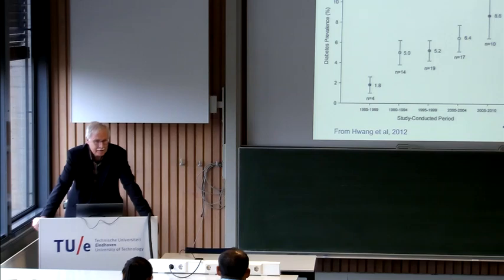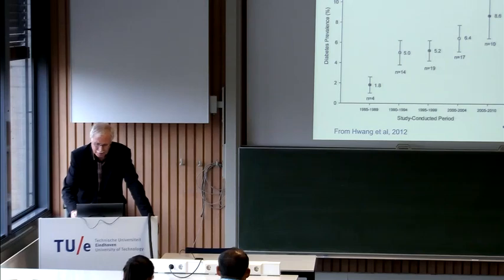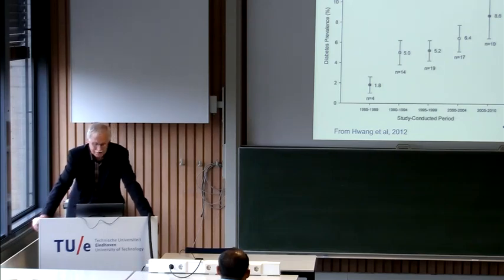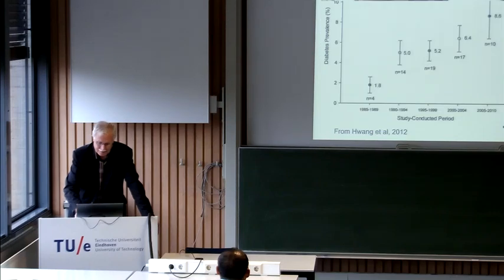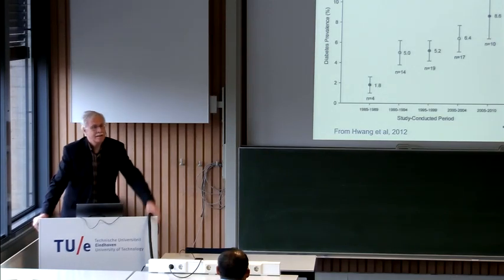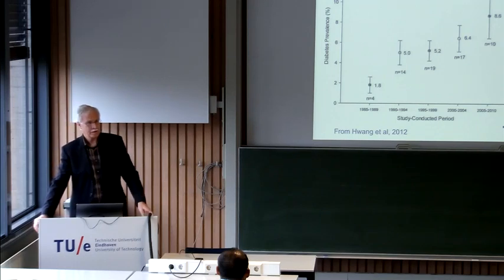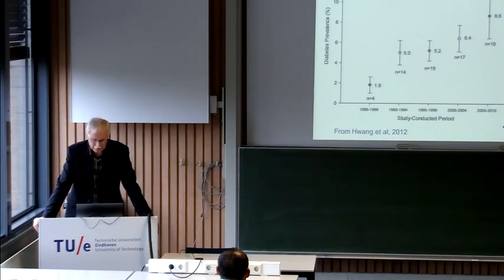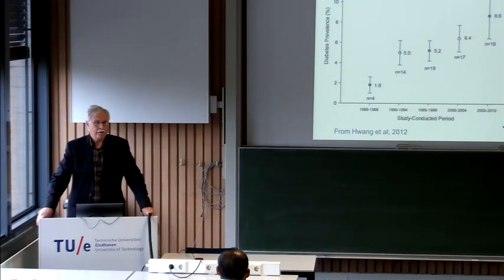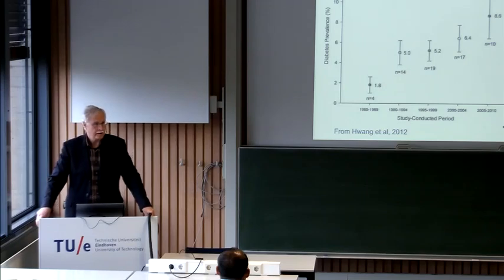In 1980, it was 0.2%, so almost nothing. And a paper in 2016 gave that it is 11.6%. And actually, this whole thing is a linear increase, and there is no sign of leveling off. So maybe it is already now over 12%. So this is not a problem, this is an epidemic.